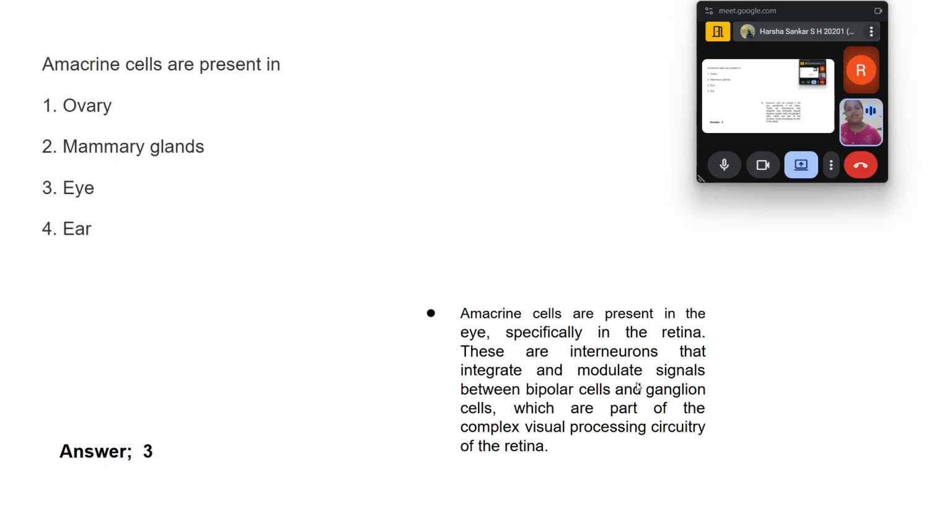So specifically, they are present in the retina of the eye. These are interneurons that integrate and modulate signal between bipolar cells and ganglion cells, which are part of the complex visual processing circuitry. Remember when we learned about vision, special senses of the neural system, that time we learned bipolar cells, amacrine cells. So amacrine cells are present close to retina.